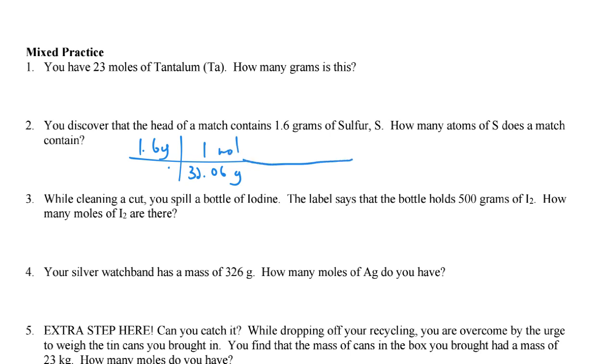And then we can go moles to atoms by knowing that 1 mole is 6.02 times 10 to the 23rd atoms. And here's a case where we have to multiply across the whole top, multiply across the whole bottom, and divide. It's 1.6. Let's make sure all of our units cancel, grams cancel, and moles cancel. And our final answer will be in atoms.